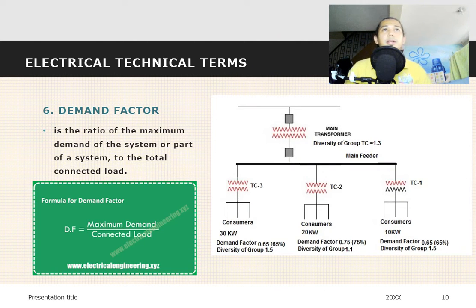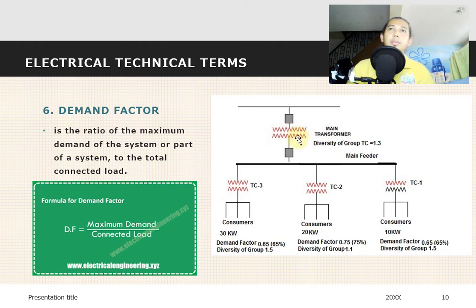Next, we have the demand factor, a term used in electronics. Demand factor is the ratio of the maximum demand of a system or part of a system to the total connected load. It is formulated as maximum demand divided by connected load.